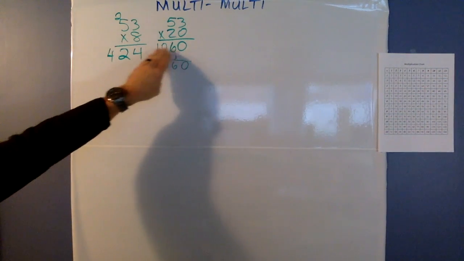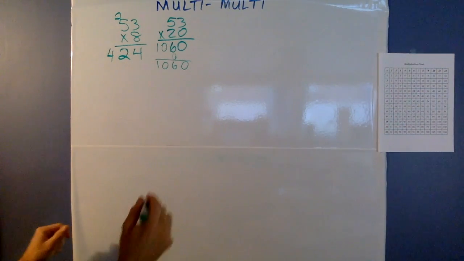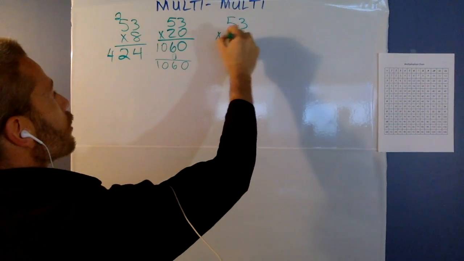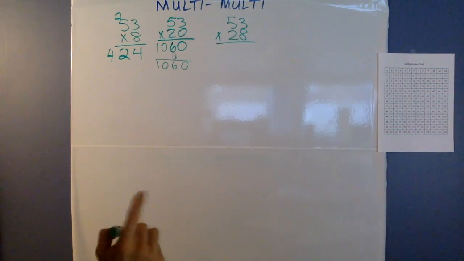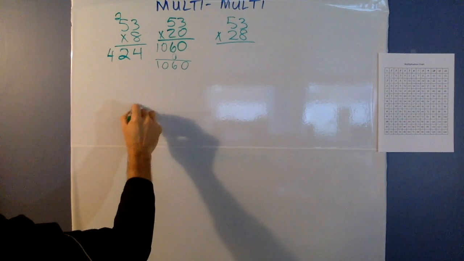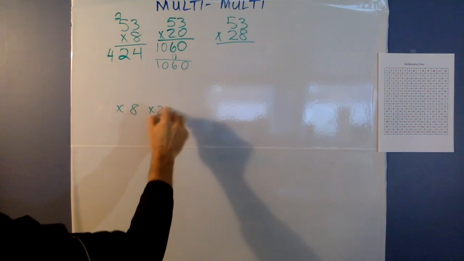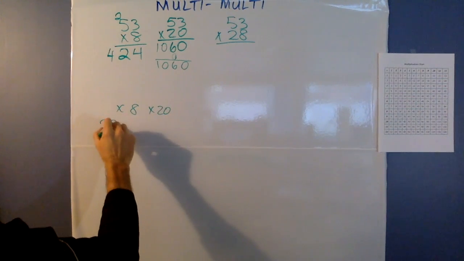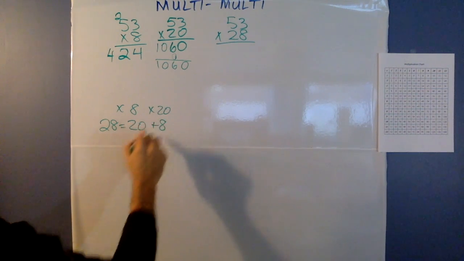Now it's important that you notice where these different digits go, because next we're going to do 53 times 28. I want you to notice something. First of all, I'm doing times 8, and then I'm doing times 20, because 28 is equal to 20 plus 8.